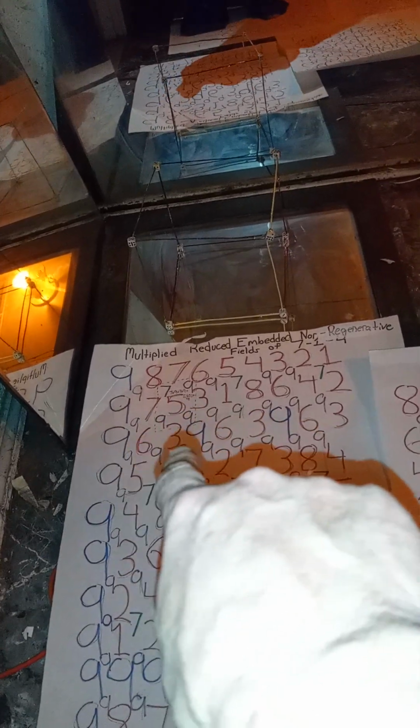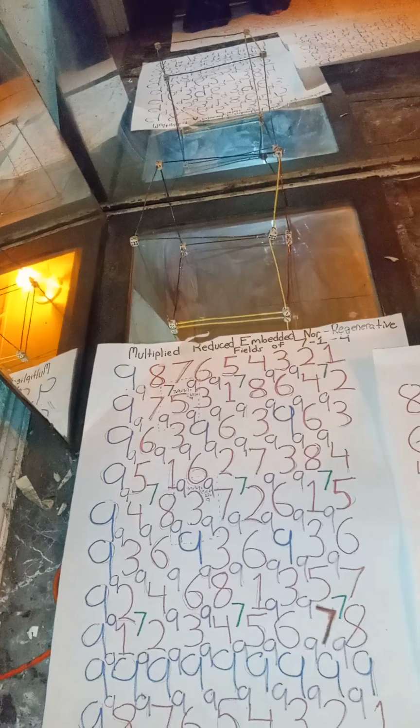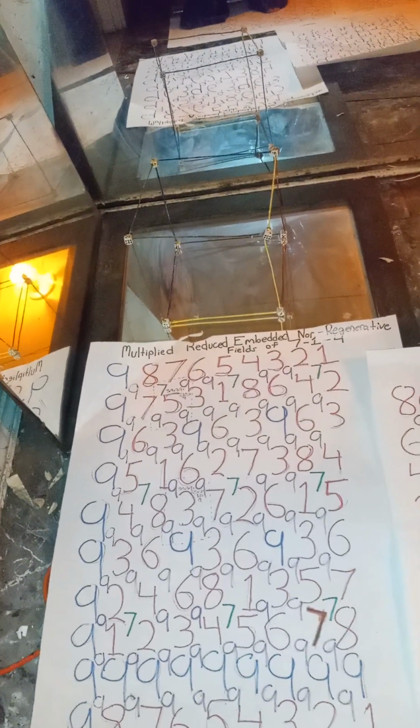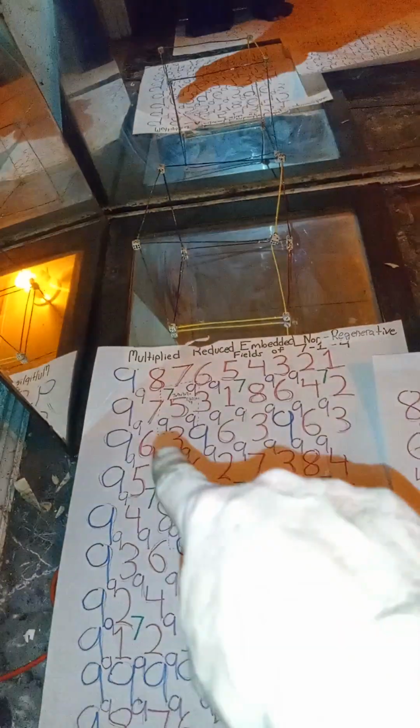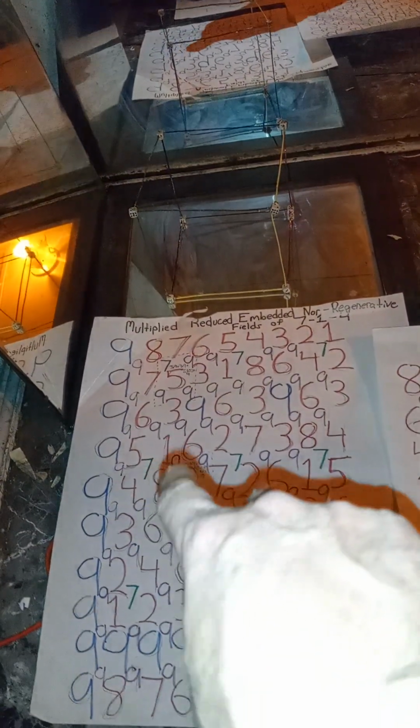And you do that with the smaller numbers too, like 9, 7, 9, 9. You multiply in the center of those to get the next generation. But what I've already figured out is that the smaller numbers are terminating.